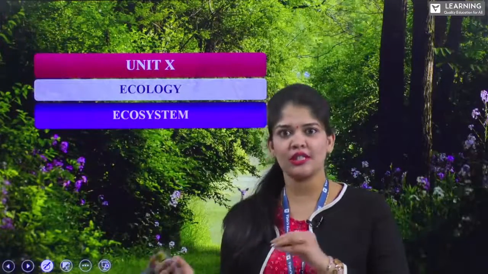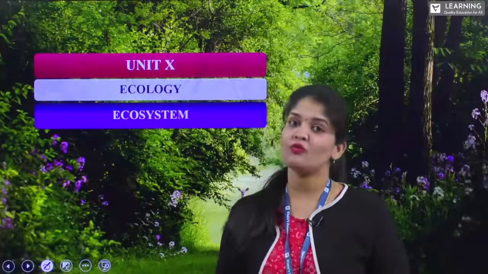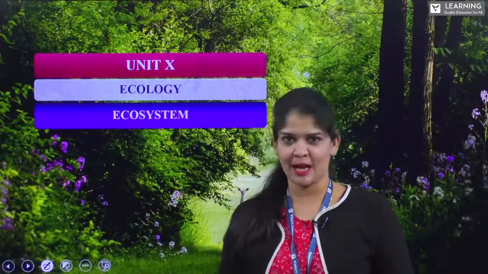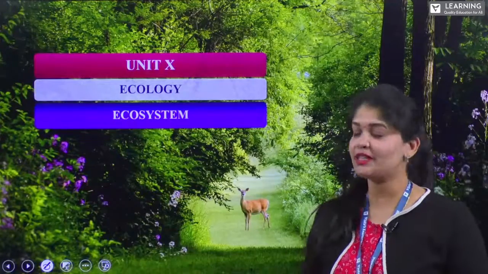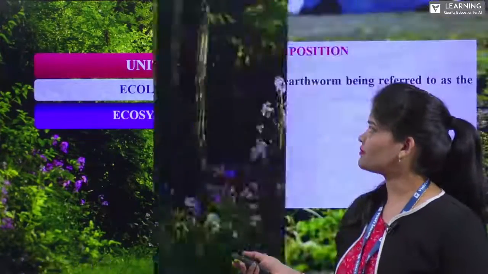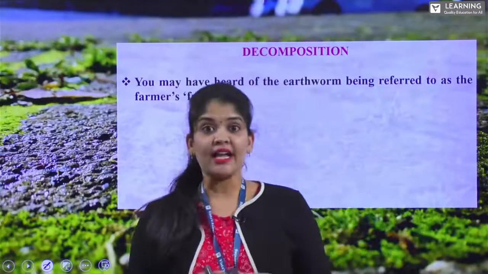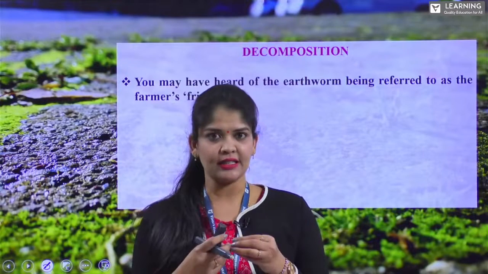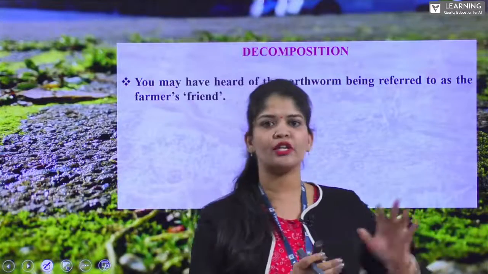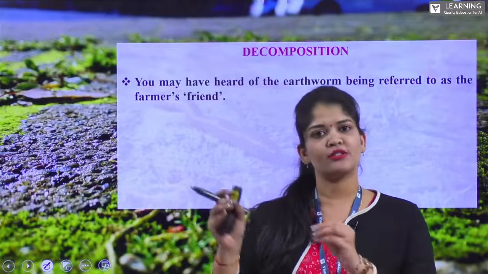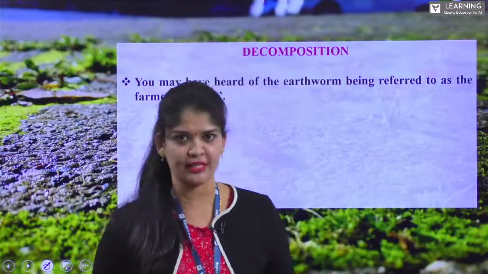In continuation with the previous session, where we have been studying the chapter Ecosystem, which comes under the unit Ecology. In the last class, we were understanding the structural components and the functional components of the ecosystem.